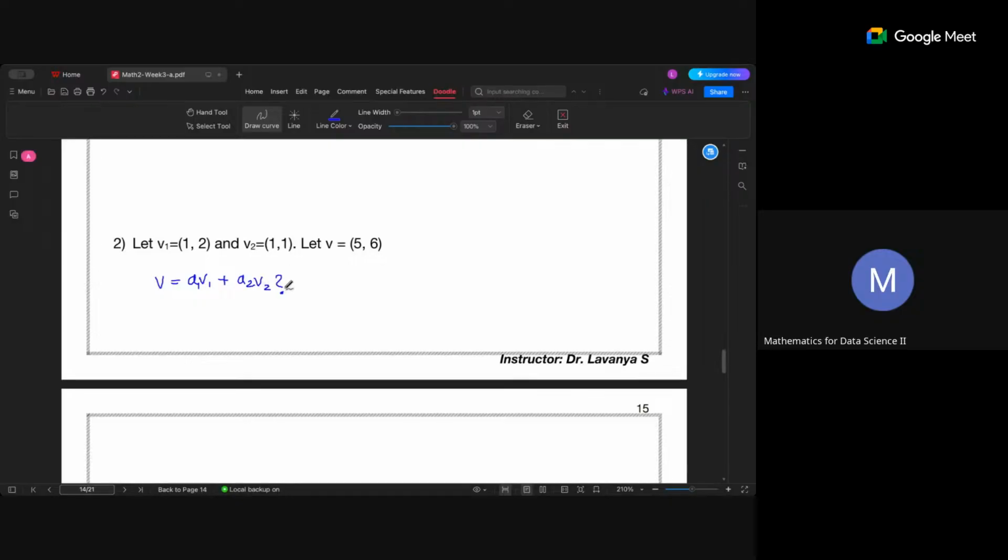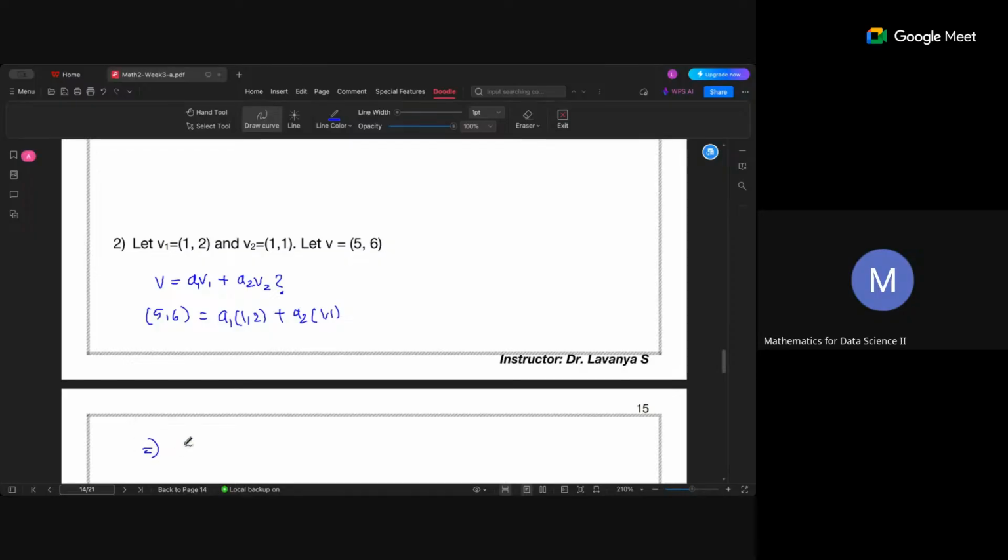Is this possible? Yes. How to see that? Can we write (5, 6) as a1 times (1, 2) plus a2 times (1, 1)?